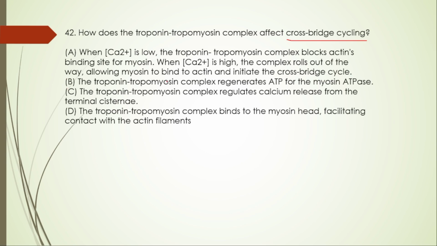B. Troponin-tropomyosin complex regenerates ATP for the myosin ATPase. C. Troponin and tropomyosin complex regulates calcium released from the terminal cisternae. D. Troponin-tropomyosin complex binds to the myosin head, facilitating contact with the actin filaments. So among them, the right option is option A.